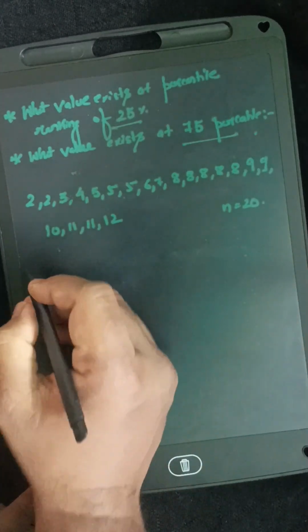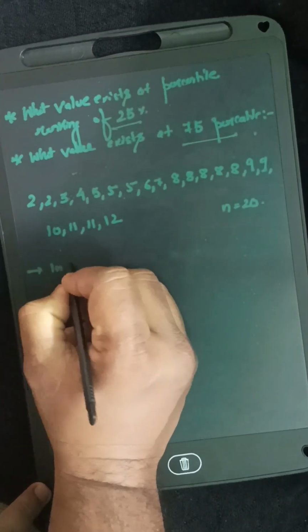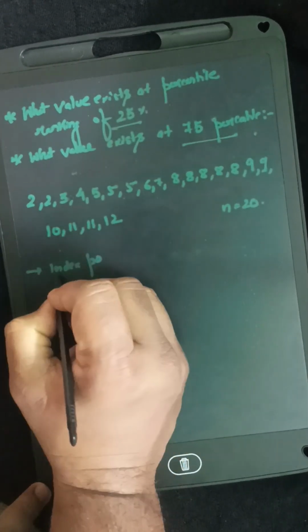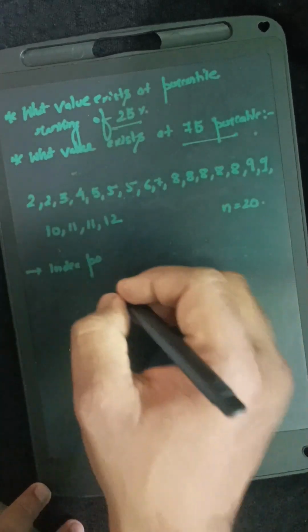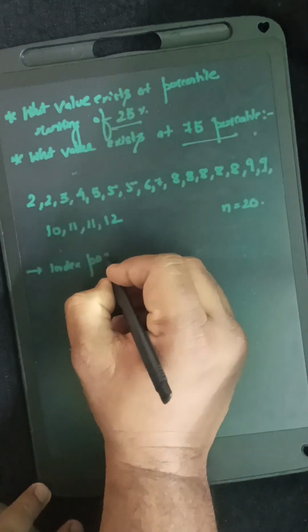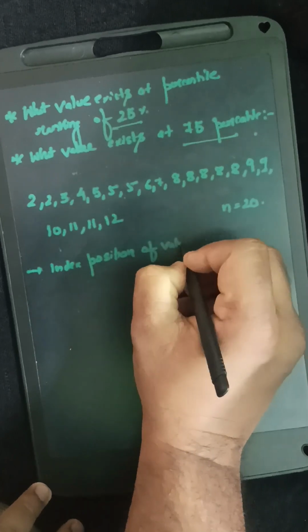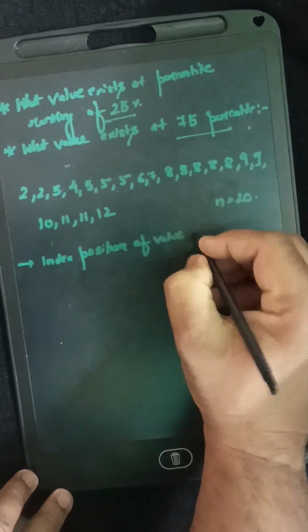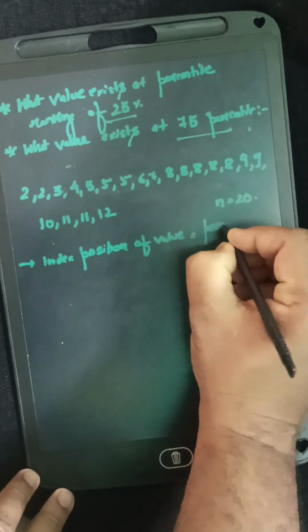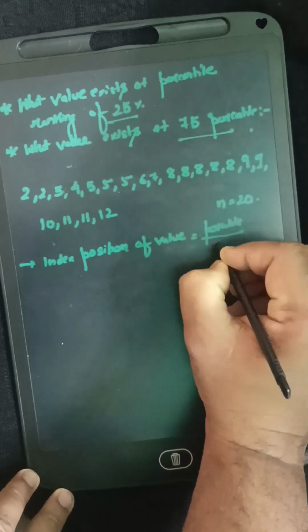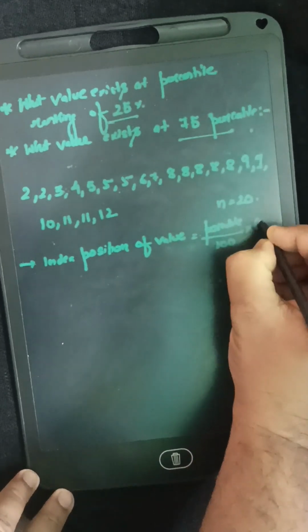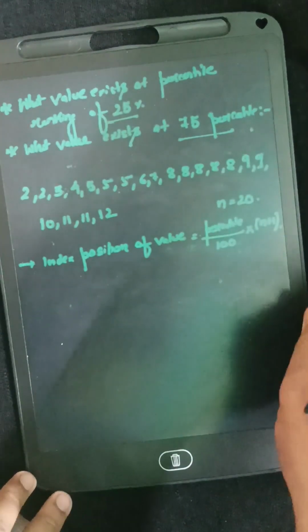So for this I need to write down a formula, that is index position. Index means the face position of that particular number. Index position of value is equal to percentile divided by 100 into n plus 1.